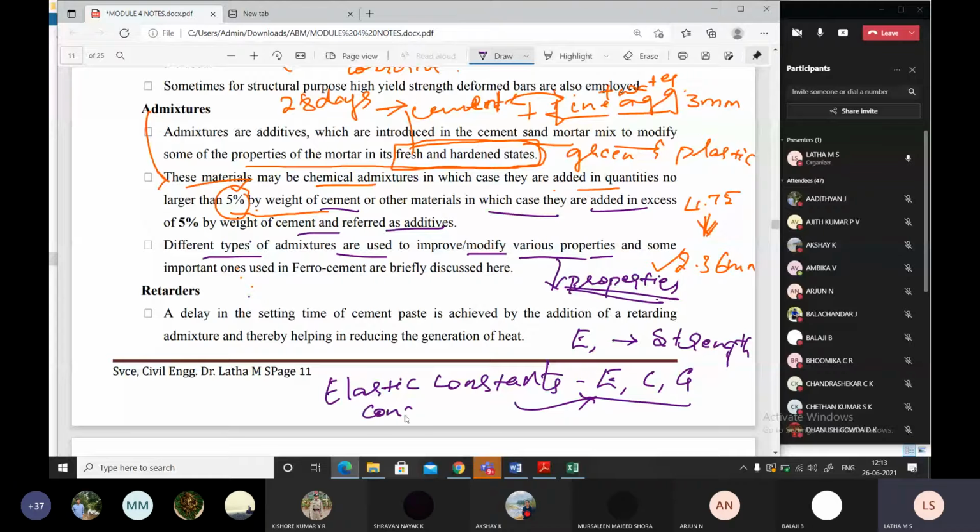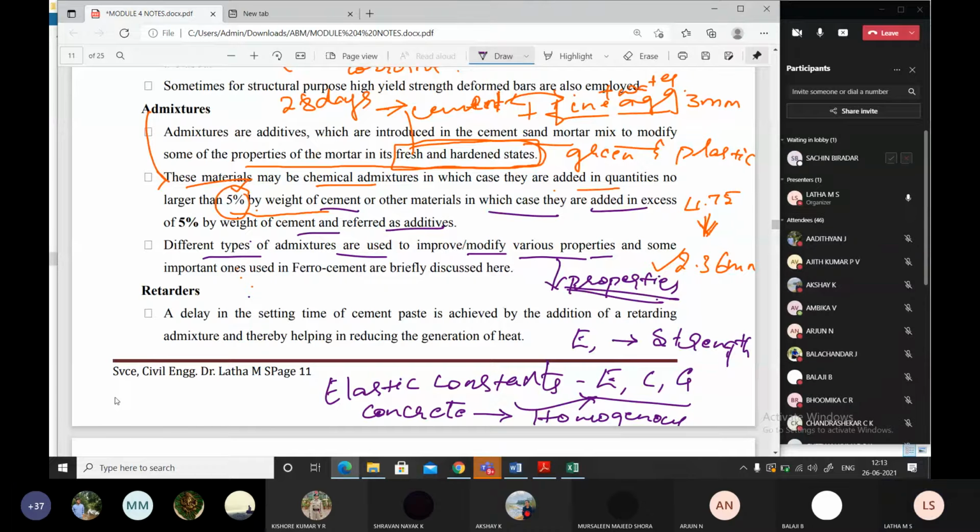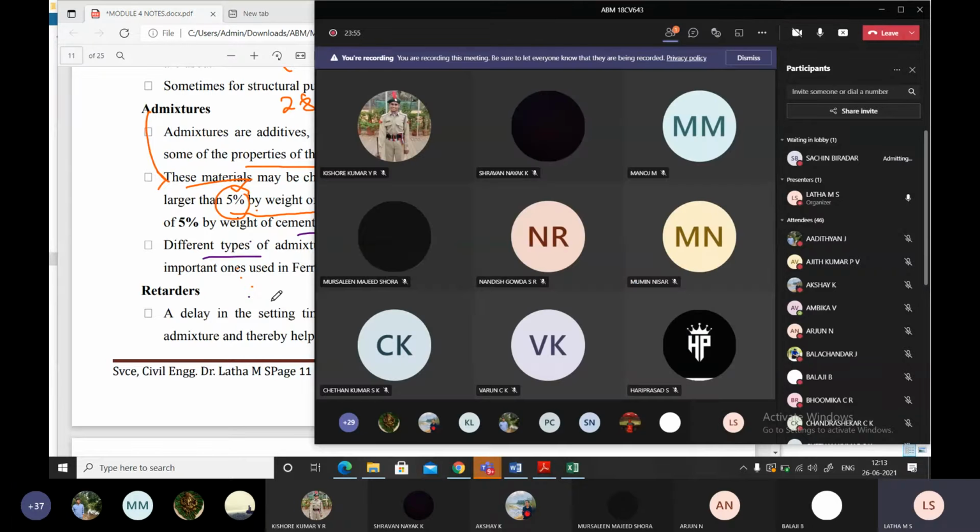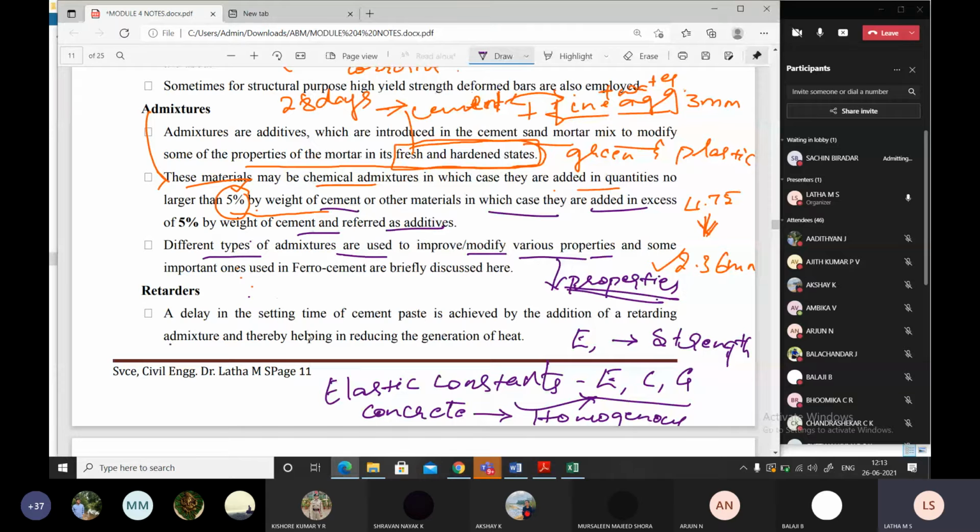How do you say that concrete is homogeneous, students? We say it is homogeneous. Correct. And the elastic constants are also isotropic, isn't it? What assumption do we make? Yes or no? The concrete is homogeneous and the elastic constants are isotropic. Do we make this assumption, students? What is isotropic?